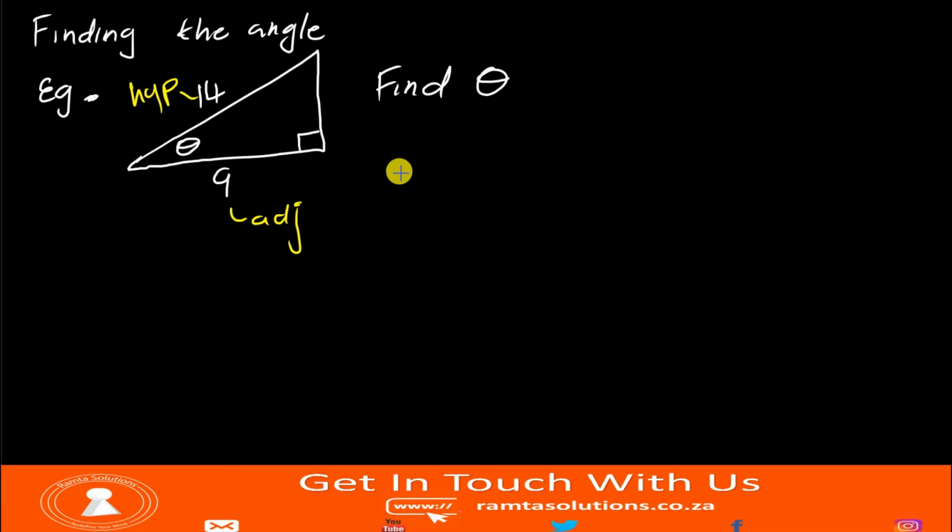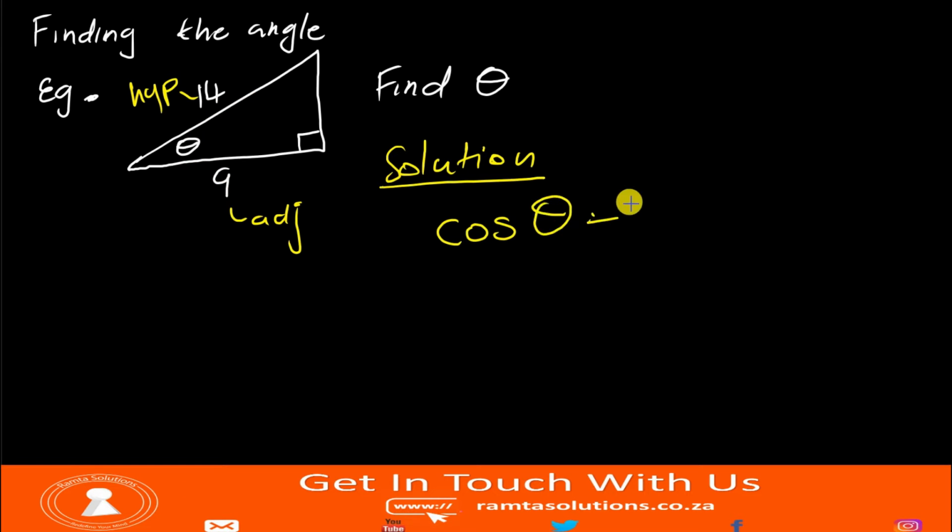So our solution: because we are given the adjacent side and the hypotenuse, we can use cosine. So cos theta is equal to adjacent over hypotenuse. That's what you know, right?